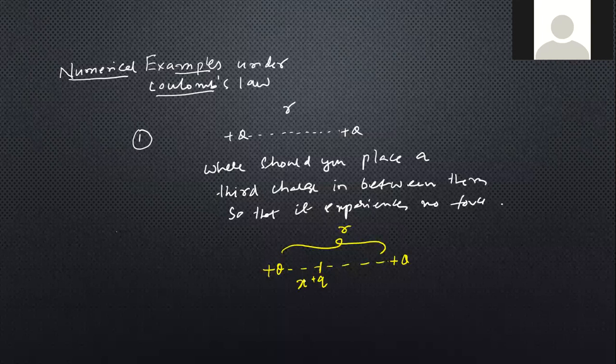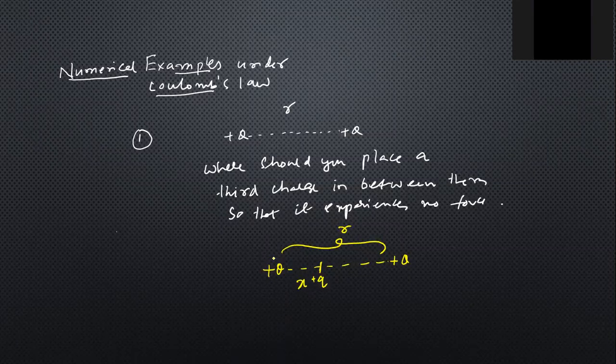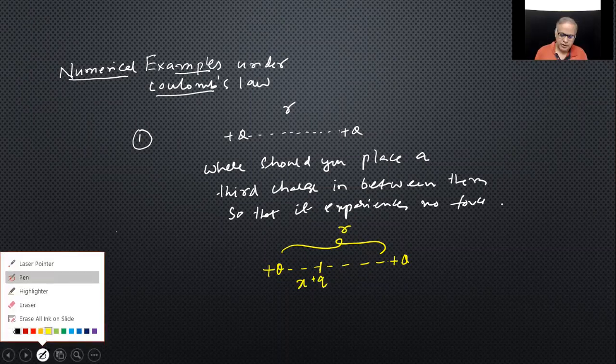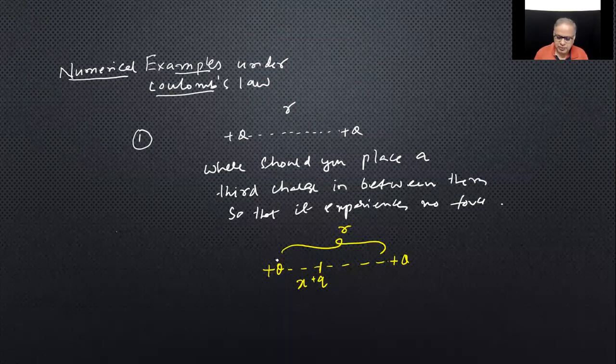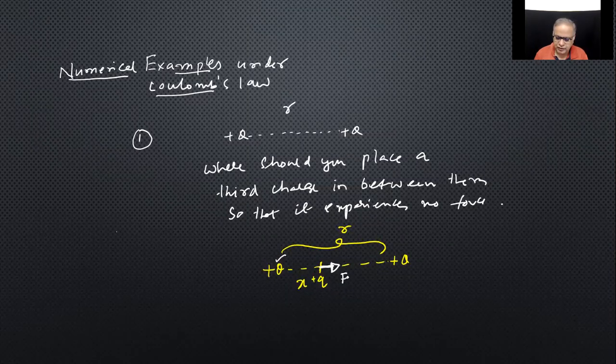Now recognize the forces this would experience because of the other two. Show the vector in a geometrical way. This plus Q will repel this. The force is away like that, F1. This plus Q also will repel it.